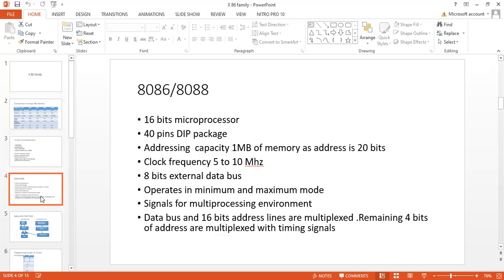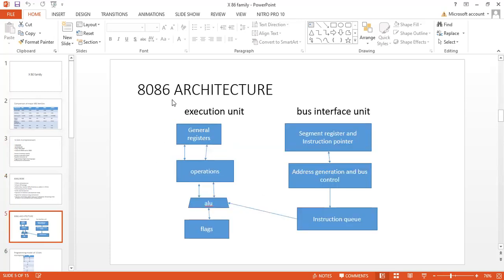So basically, if you see the 8086 or 8088 architecture, there are two units. One is your execution unit, and the second one is your bus interface unit. The bus interface unit is going to fetch the instruction and put it in the instruction queue. Therefore, the bus interface unit contains the instruction queue, segment registers, and the instruction pointer, and you have the bus address generation and bus control.